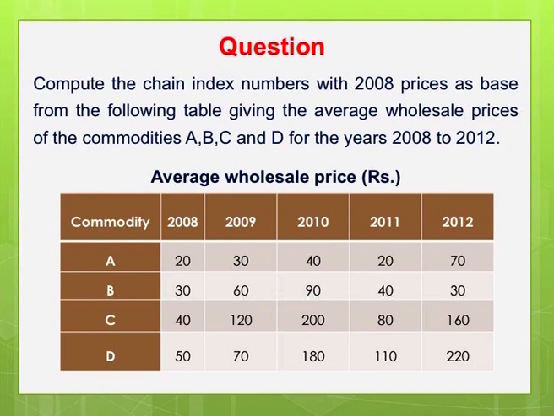The average wholesale price for the commodities A, B, C, D in the year 2008 are 20 rupees, 30 rupees, 40 rupees, 50 rupees, like that it is given. Similarly, in the year 2009 the values for all 4 commodities have been given, and for 2012 the 4 values have been given. So, we have to compute chain based index numbers.